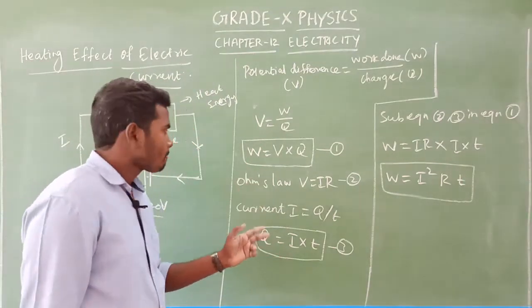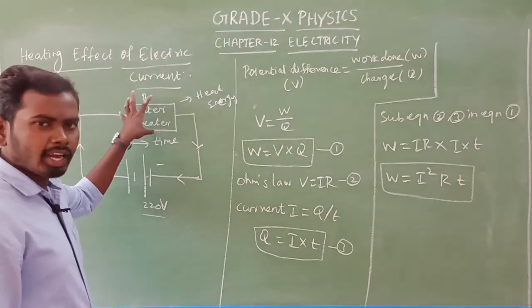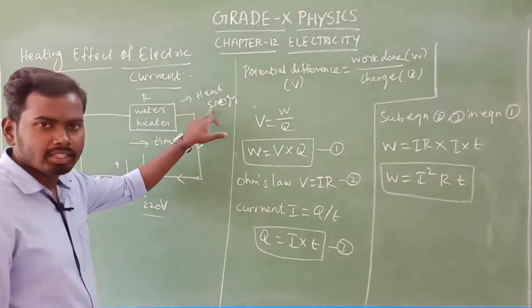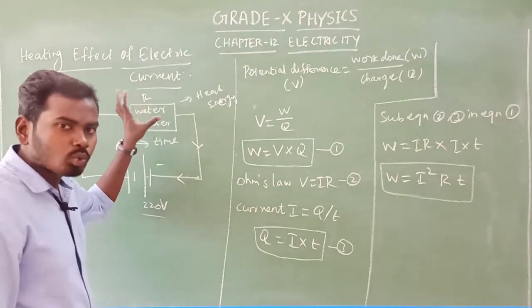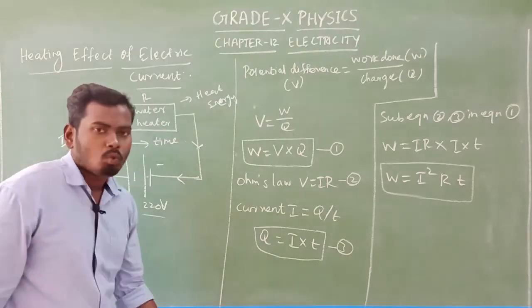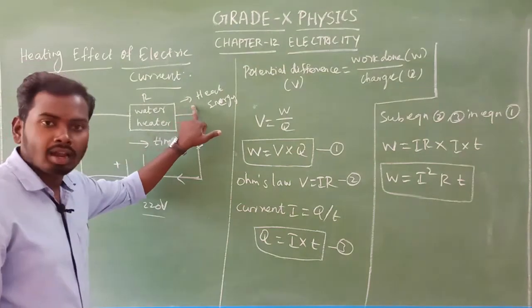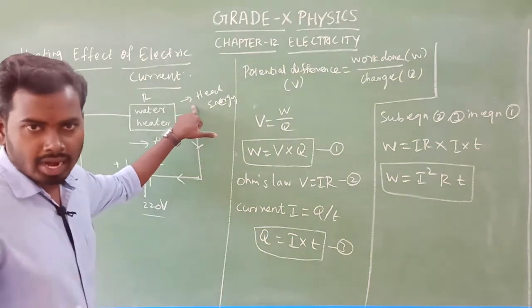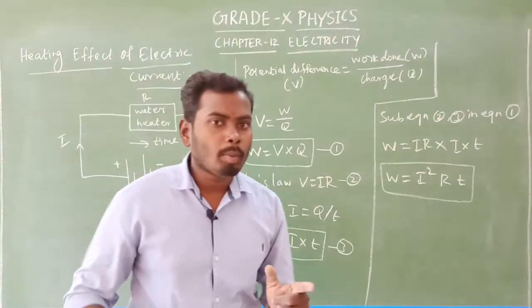Here work is done because the water heater converts electrical energy into heat energy. What work is done? Heating work is done. Whenever work is done, an equal amount of energy is consumed.